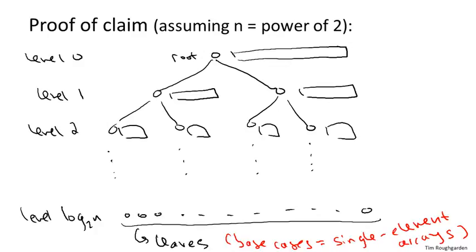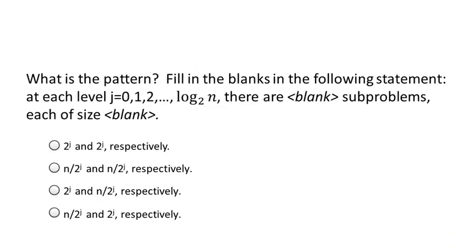First of all, the first question is, at a given level j of this recursion, exactly how many distinct subproblems are there as a function of the level j? The second question is, for each of those distinct subproblems at level j, what is the input size? So what is the size of the array which is passed to a subproblem residing at level j of this recursion tree?